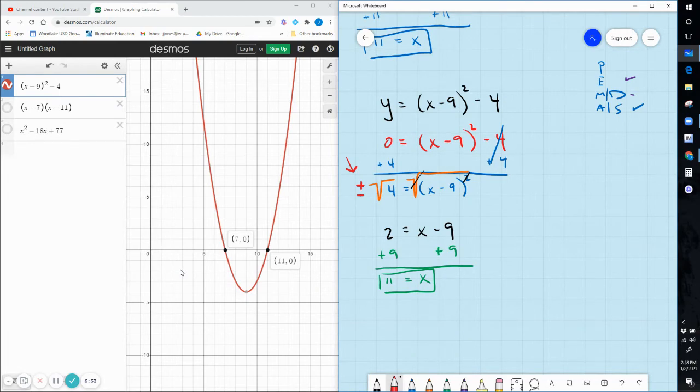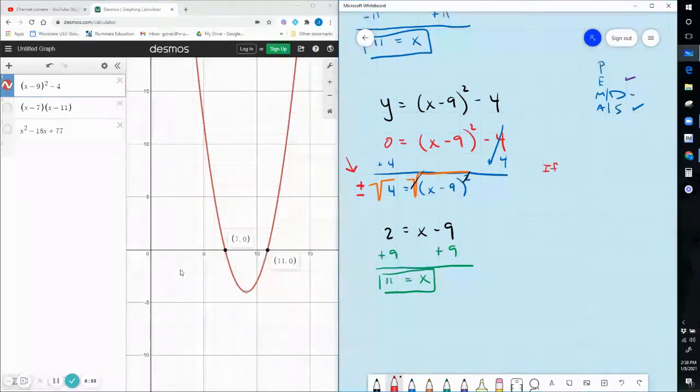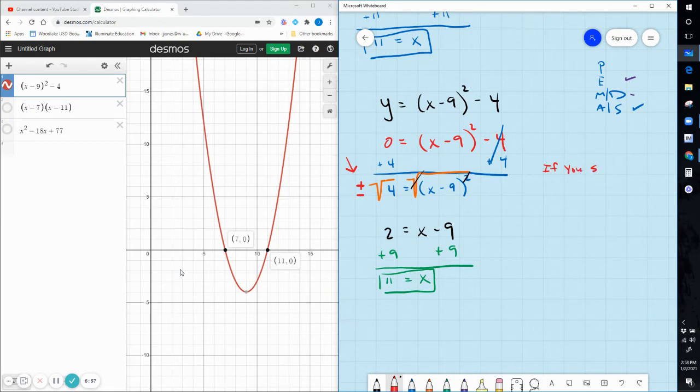If you square root both sides, you might want to write this in your notes. Both sides, comma, you must use plus or minus.